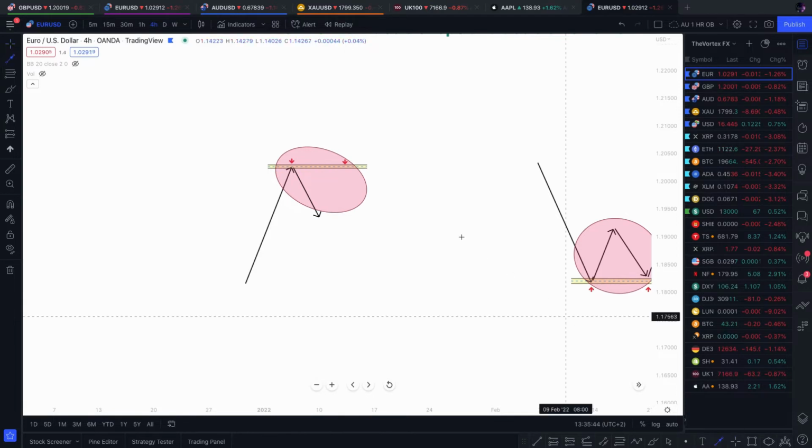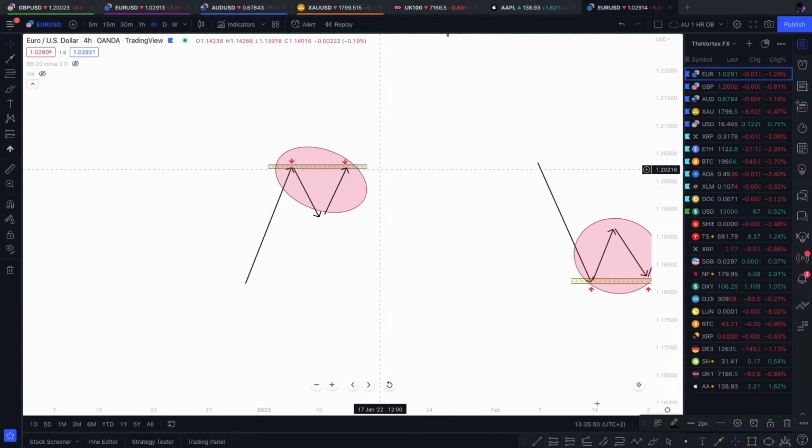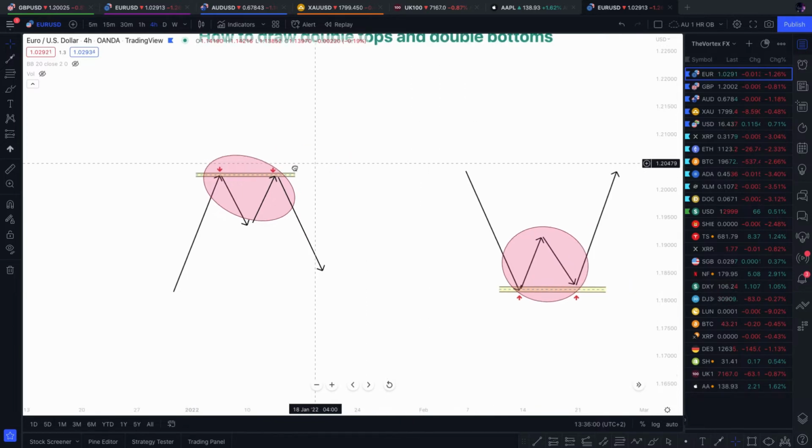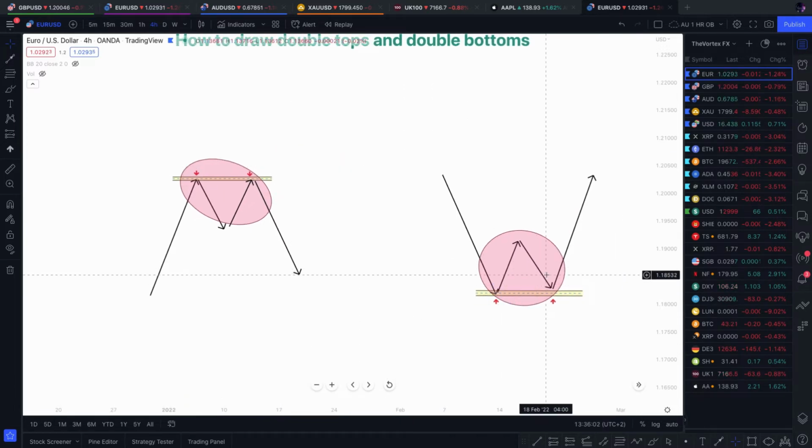Perhaps price is going to come back up and struggle to break the same area of resistance. If that does happen and we see this, well, what is that? That's a double top.